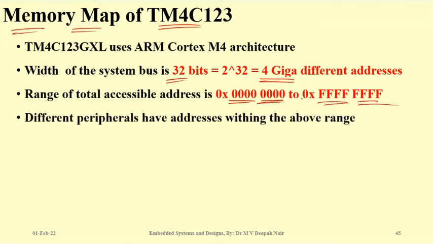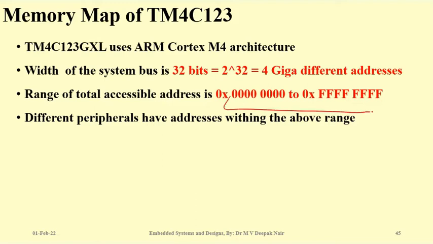Within this region itself, you have all the addresses, be it for the RAM, the peripherals, or any other vendor dependent registers. Every type of register is within this range of address. So this is following memory mapped.